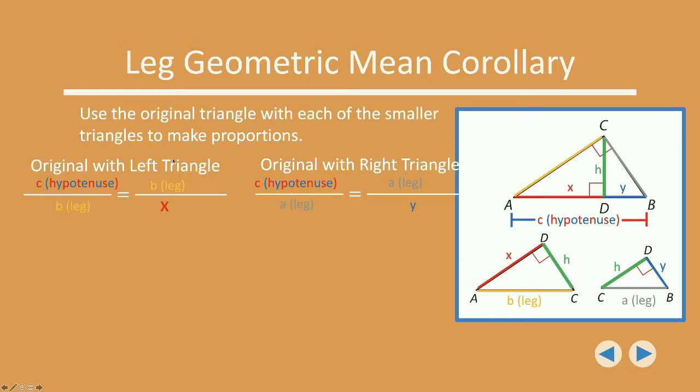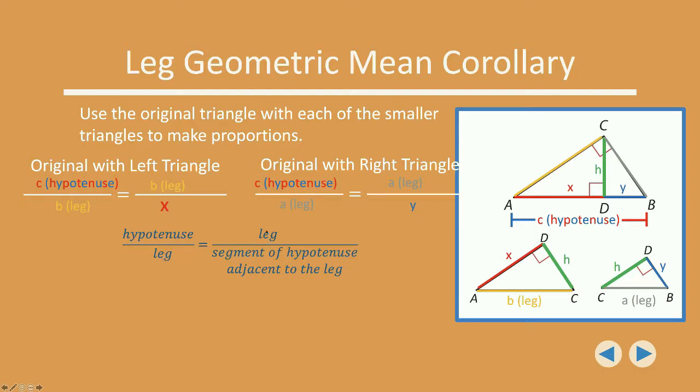The nice thing is x, this length x, is adjacent to the leg that we're talking about, and y over here in this one is adjacent to this leg here. So we can combine these. I know this is a little wordier, but we always had the hypotenuse in the top left, and then a leg here, and this is the same leg.